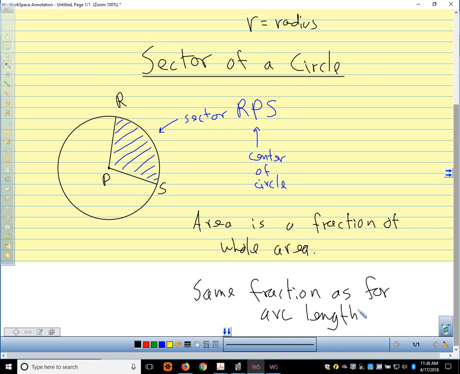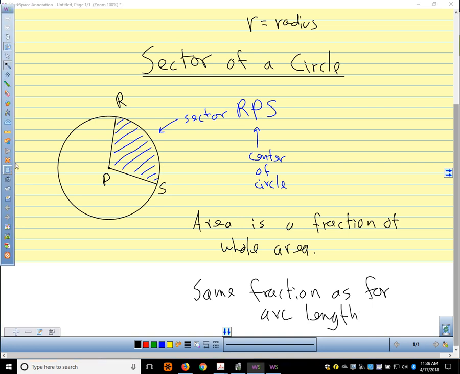So we're going to find out what portion of 360 that arc takes up, and that's going to tell us what fraction of the circle that sector takes up. So here, instead of multiplying by the circumference, as when we talk about arc length, we're going to multiply by the area of the entire circle. So we're using the same fraction as we did for arc length.